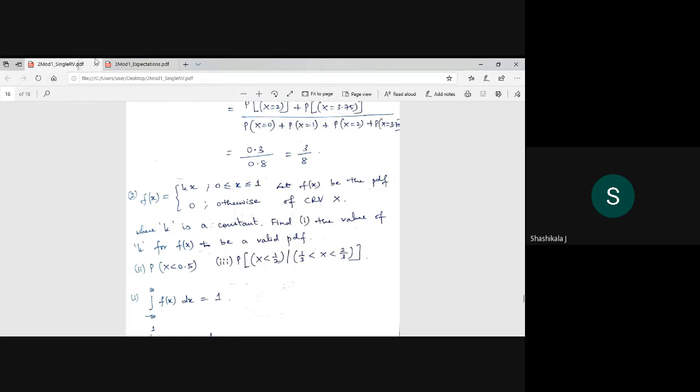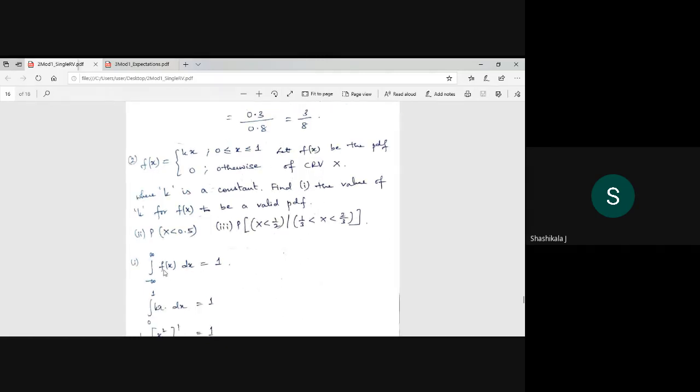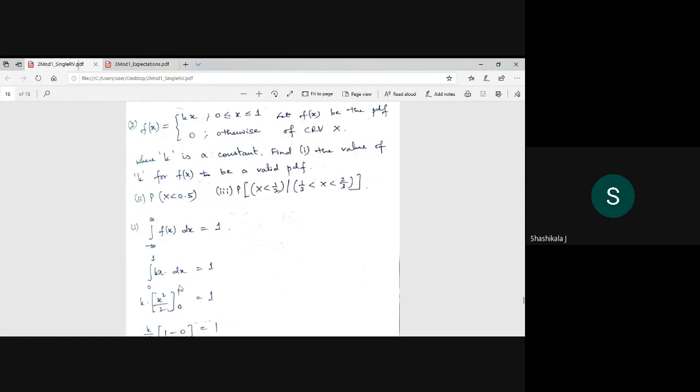Okay. And the integral of f of x equals 1. The interval varies from minus infinity to plus infinity, but here they have only given 0 to 1. So now you do the integration, you all know integration, and you calculate the value of k equal to 2.